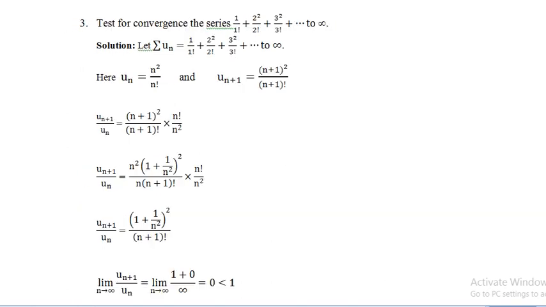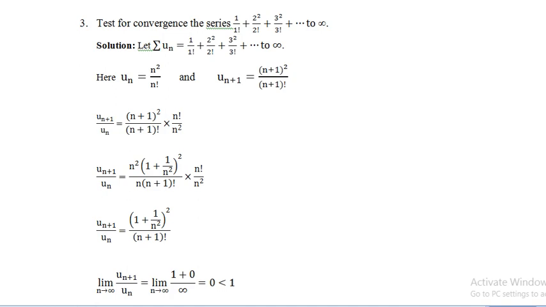Third example: test for convergence the series 1 by 1 factorial, 2 square by 2 factorial, 3 square by 3 factorial, up to infinity. Solution: first, express the given series as summation of un, then write the nth term of the series.